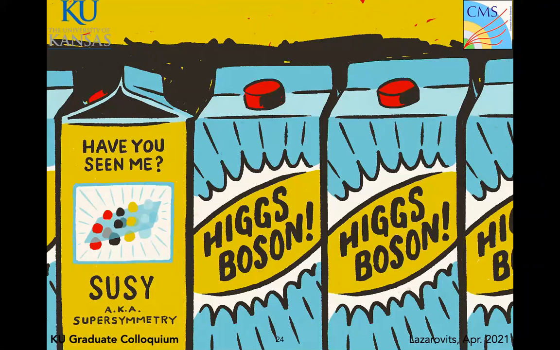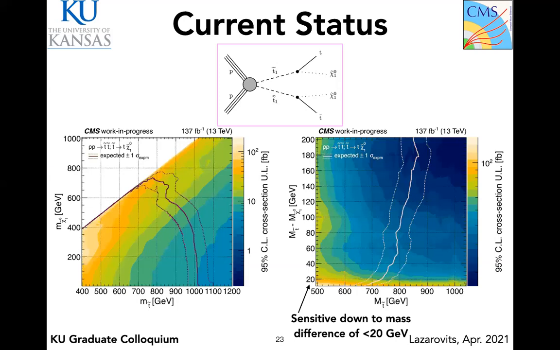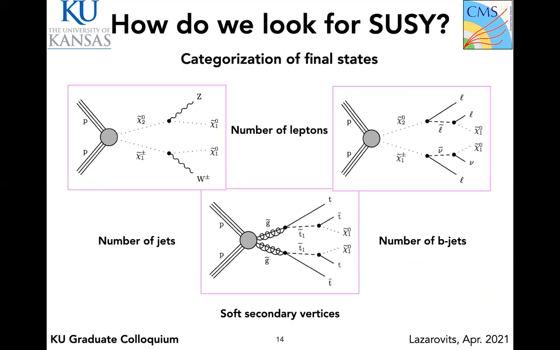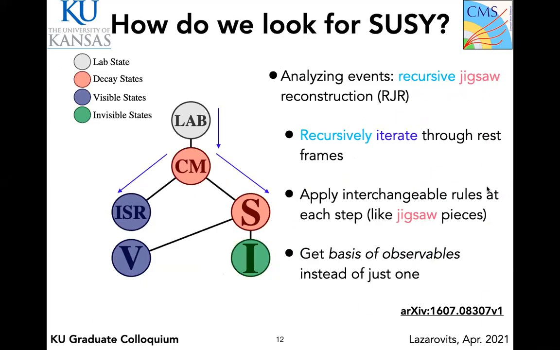I do have one question related to this recursive jigsaw reconstruction algorithm, because it's the first time I see it. I'm not from the SUSY community, but it looks pretty cool. The first boost is along the beamline, right?